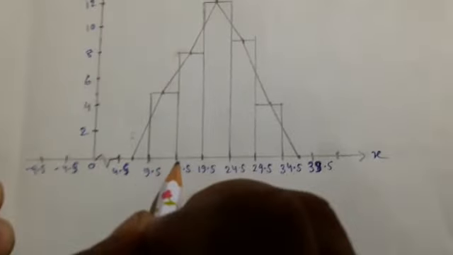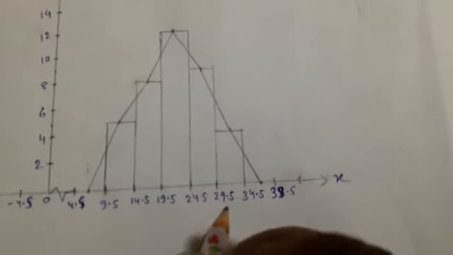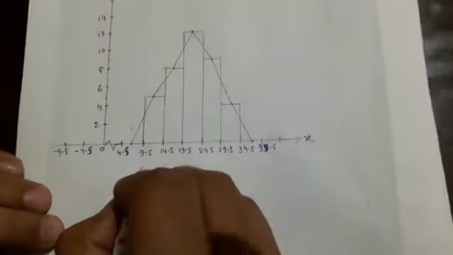So 9.5, 14.5, 19.5, 24.5, 29.5, 34.5 and 39.5, like this we will mark on the x-axis. And on the y-axis, here we have to mention the class interval, and here the frequency.